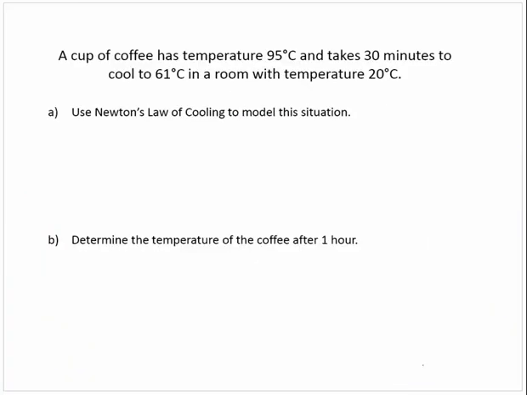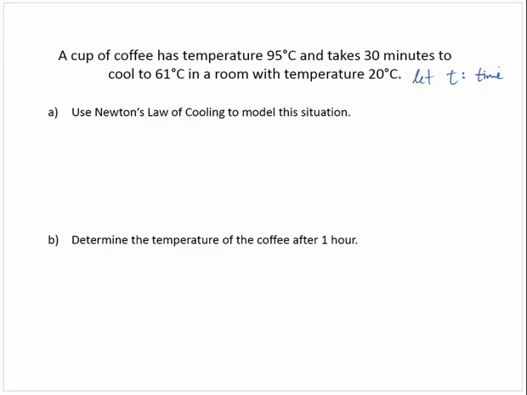So let's look at an example. We're told that a cup of coffee has temperature 95 degrees Celsius and takes 30 minutes to cool to 61 degrees Celsius in a room with temperature 20 degrees Celsius. Alright, so I will let little t represent the time.